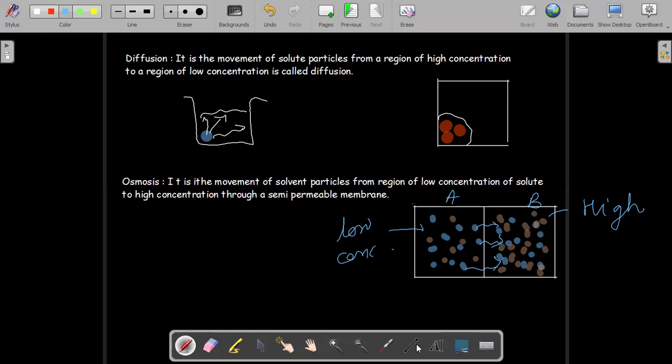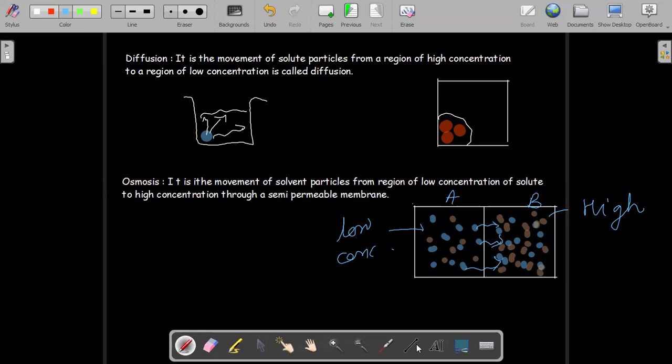In a similar way, you can see raisins. If you soak some raisins in water, they swell up. They absorb water. So the absorption of water there is by the process of osmosis.